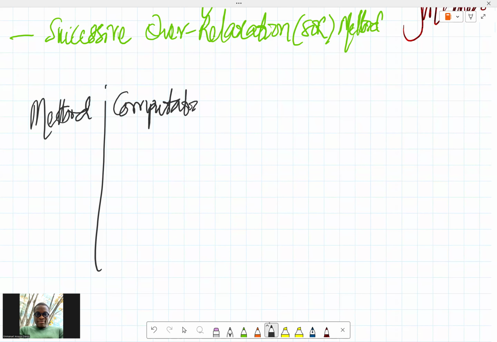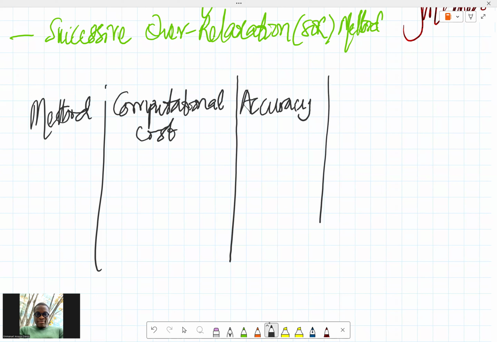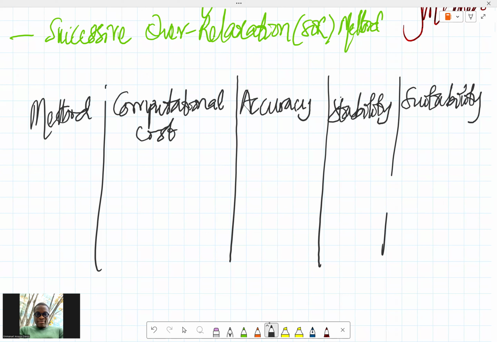How fast is it? Then we can talk about the accuracy. How accurate can it be? Then you talk about the stability and suitability. When is it suitable to use? Okay, so these are the things we'll be considering.